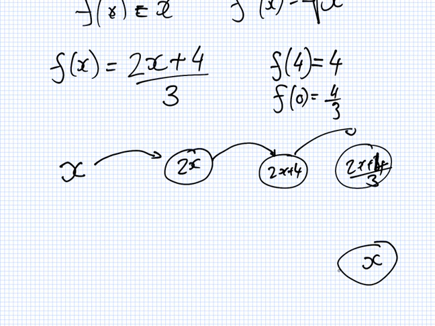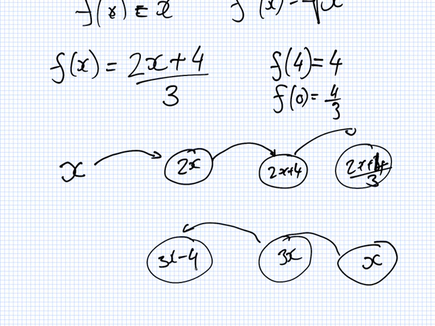Calculate that, please. In this case, it would be 4. Okay, and what about f of 0, for example? 4 over 3. And so on. So what's the inverse function here? Well, it's not as obvious. What do you think? 3x minus 4 over 2.